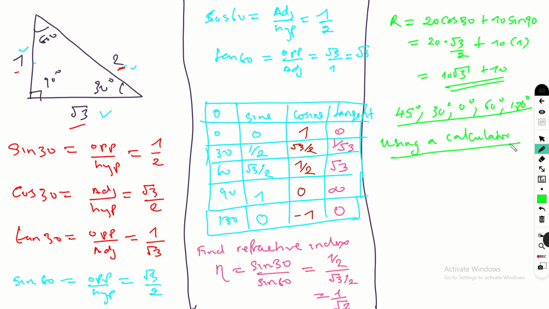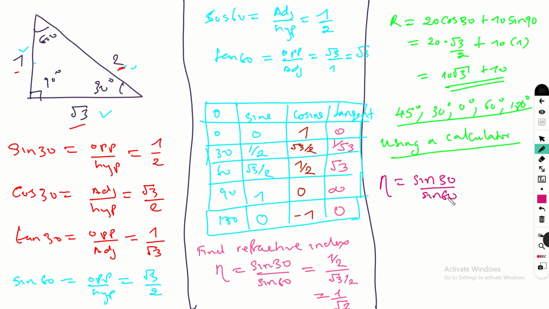you need to do it like this one. They said n is equal to sine 30 on sine 60. Now you also use the calculator. So how do you get this value?